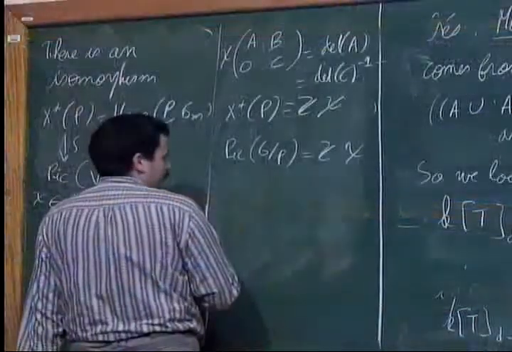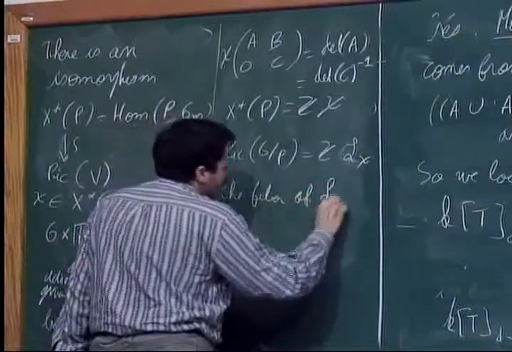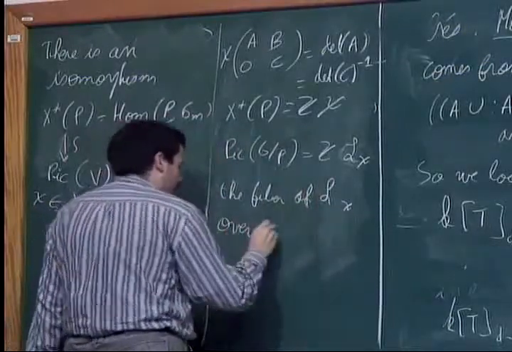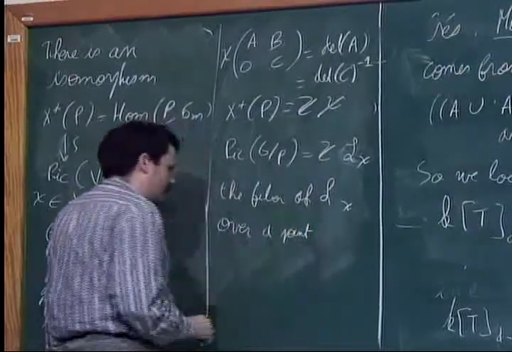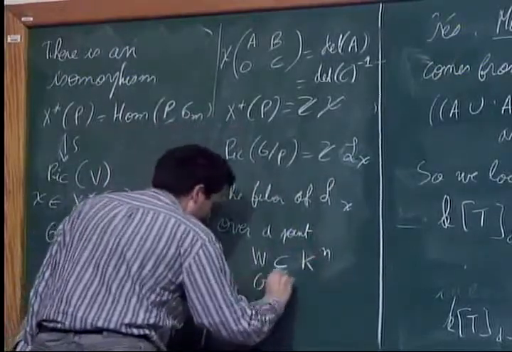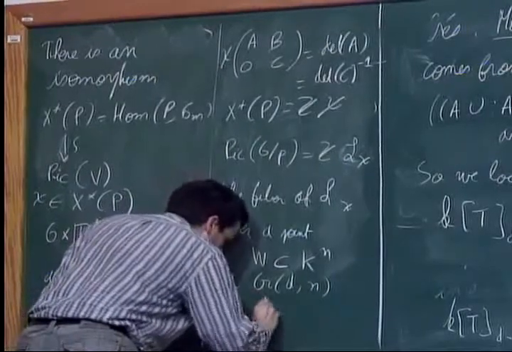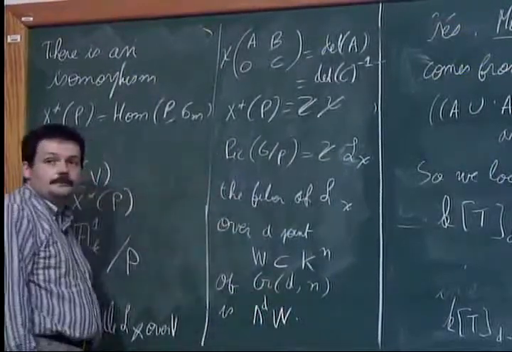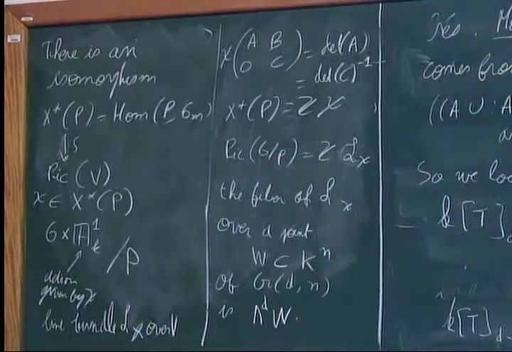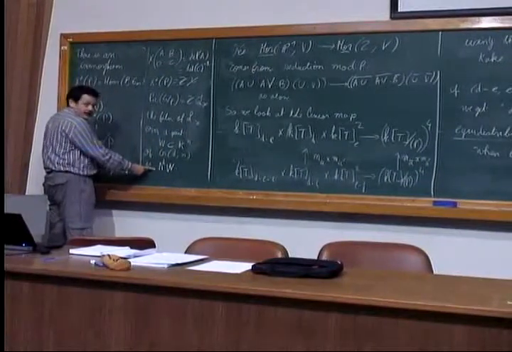So L chi, the fiber of its dual, of L chi over a point W contained in K power n of the Grassmannian of subspace of dimension D in Kn is, well, the determinant of W. So if you want to think of it as a functor, the fiber over one point, which is a subspace, is simply the determinant of the subspace.